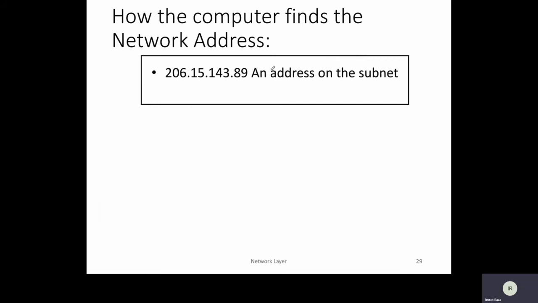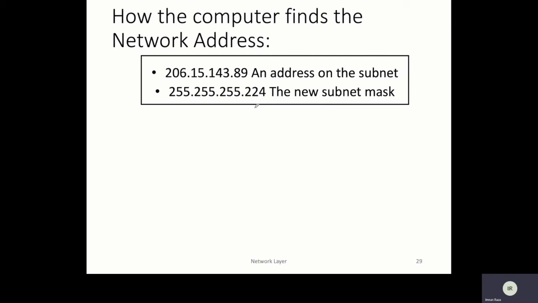Now we know that we have 5 subnets here, so we have to identify to which subnet this destination address belongs. For that, we have provided the router with the subnet mask 255.255.255.224, since 3 bits were borrowed.